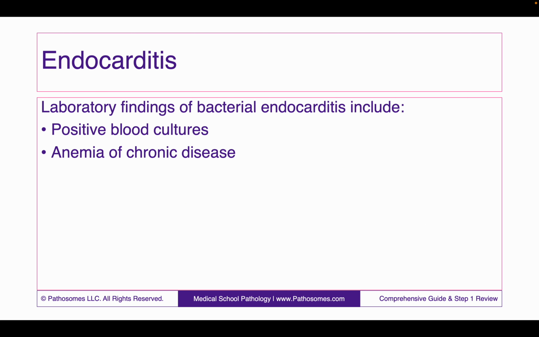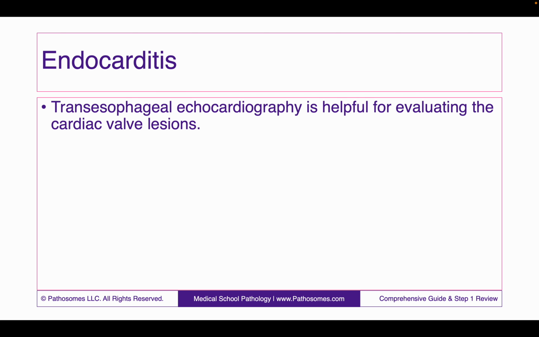Laboratory findings of bacterial endocarditis include positive blood cultures, unless it's a HACEK organism, and anemia of chronic disease. Transesophageal echocardiography is helpful for evaluating the cardiac valve lesions.